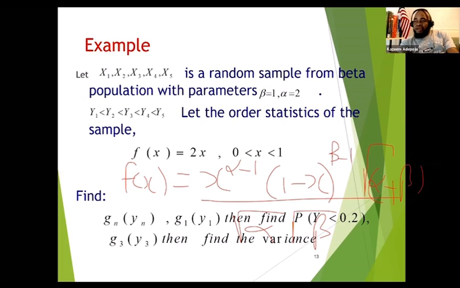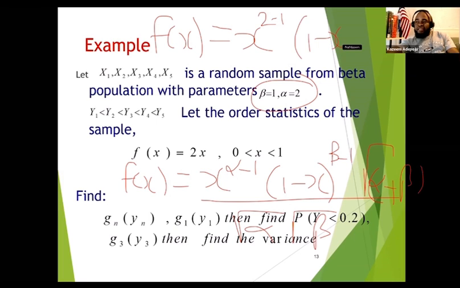Where beta equal to 1 and alpha equal to 2, I'm going to have f of x equal x raised to power alpha minus 1, so 2 minus 1. Then I'm going to have 1 minus x raised to power beta minus 1, which is 1 minus 1. Then gamma of alpha plus beta is going to be gamma of 1 plus 2, right? Then gamma 1, gamma 2.